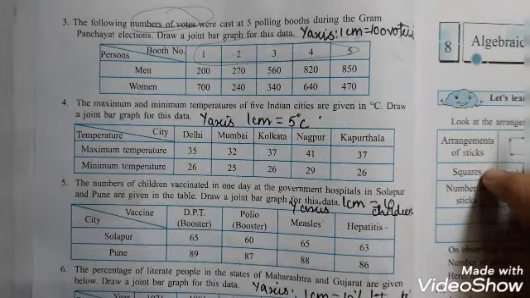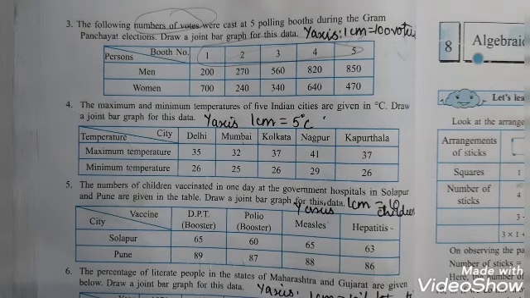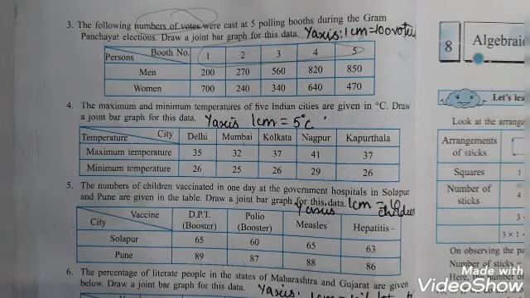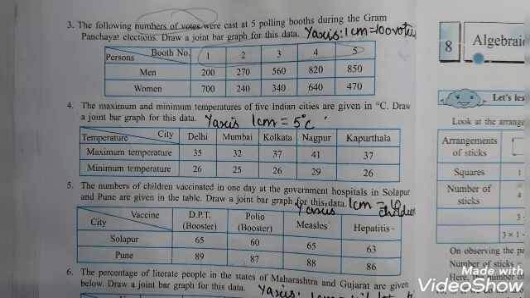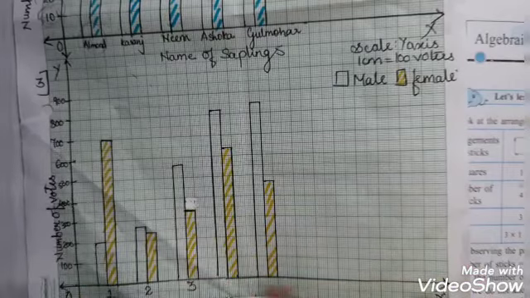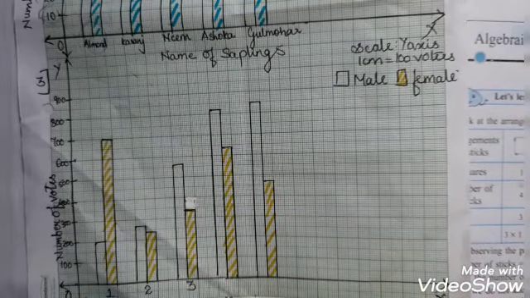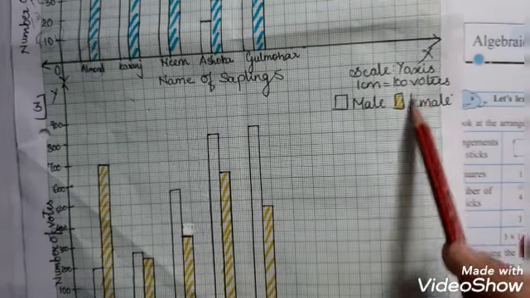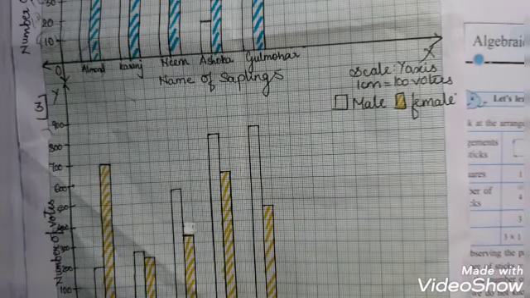Draw a joint bar graph for this data. Scale on the y-axis: 1 centimeter is equal to 100 voters. That has been given to you. So now you are going to plot the scale on the x-axis and y-axis. Write the scale. Male I have done like this and female I have indicated by yellow color.